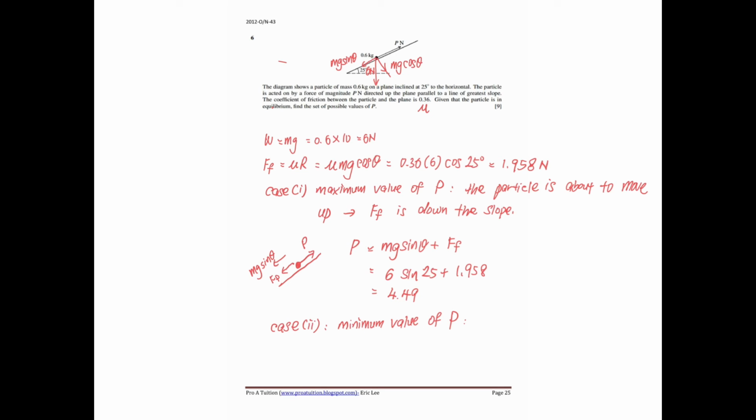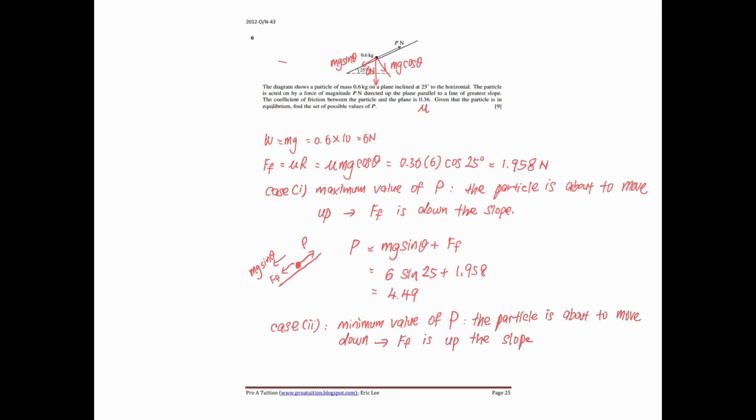Okay, so minimum value of P, I write down, so that the particle is about to move down. In that case, frictional force is up the slope.